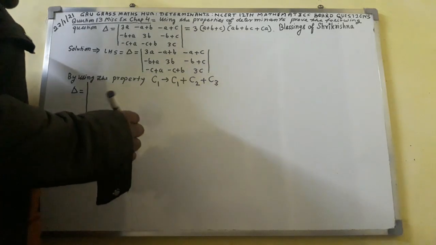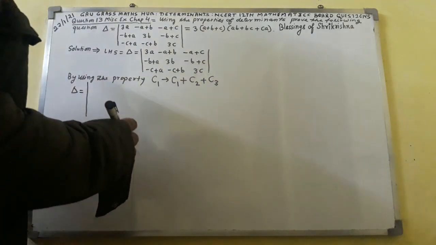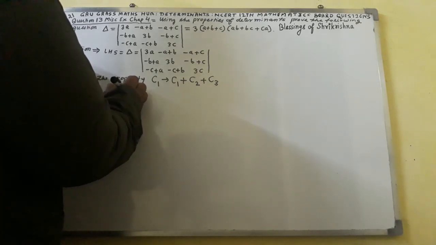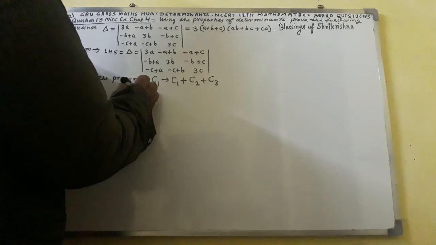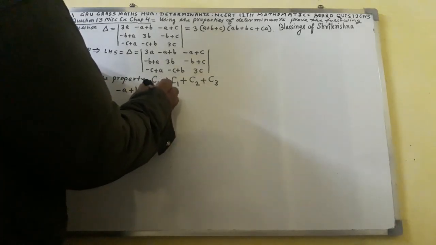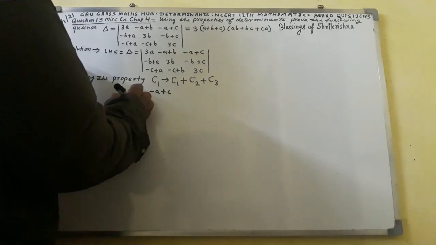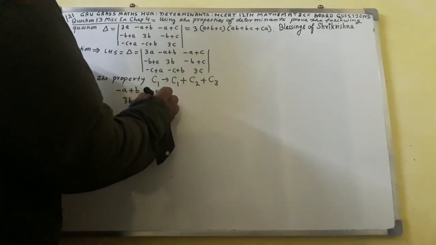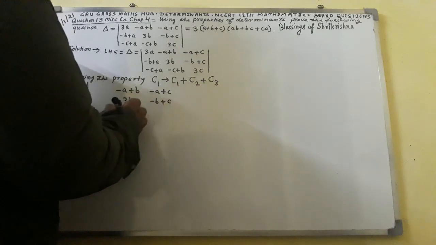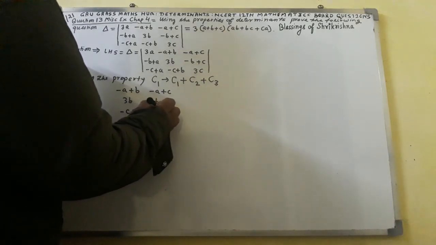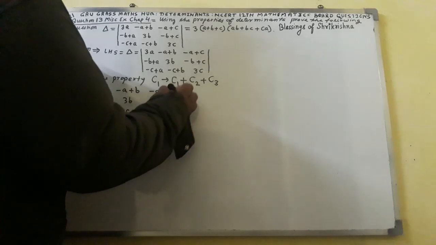The second column and third column will be written as it is. So here you will get minus a plus b, minus a plus c, here write 3b, here minus b plus c, here minus c plus b, here 3c.